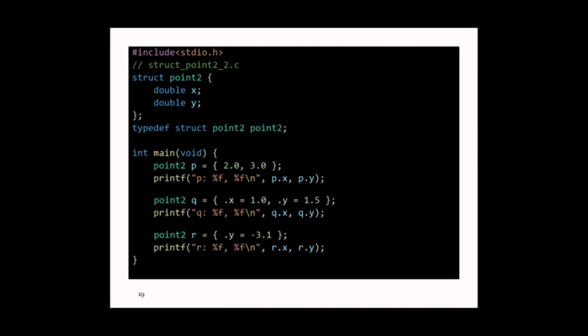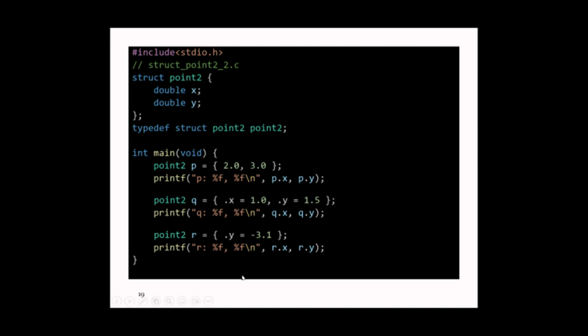You don't have to explicitly initialize all of the members. Here, I can write .y = -3.1, so when you print out the point, r.y will be -3.1. Anything that you don't explicitly initialize gets the value of 0.